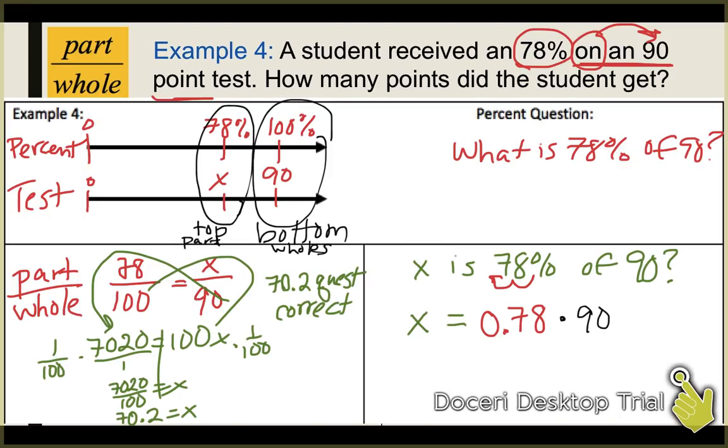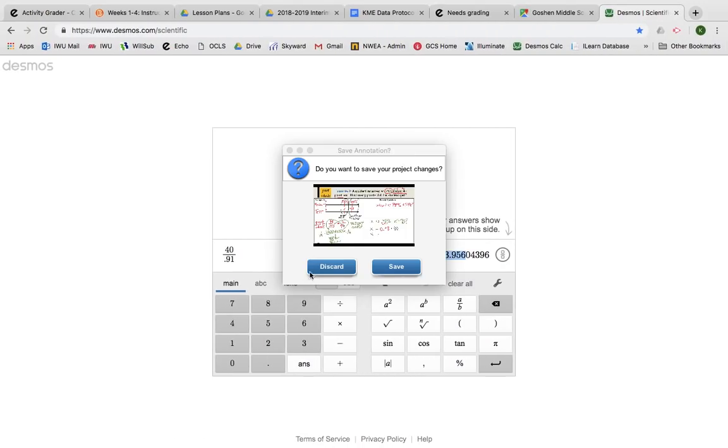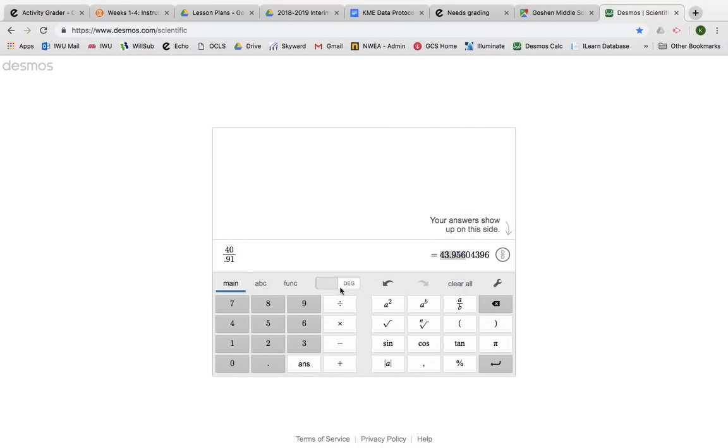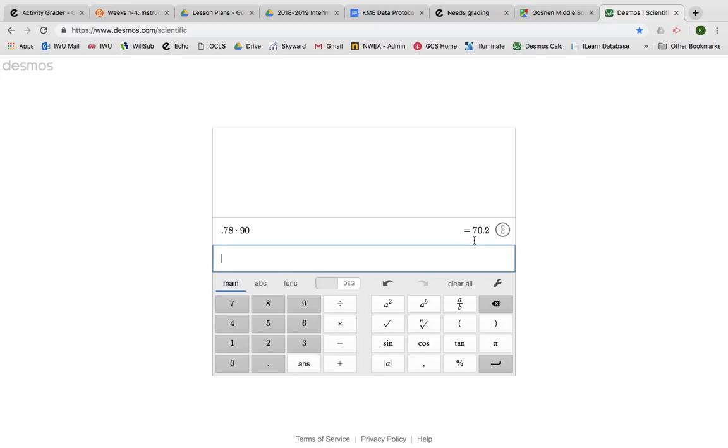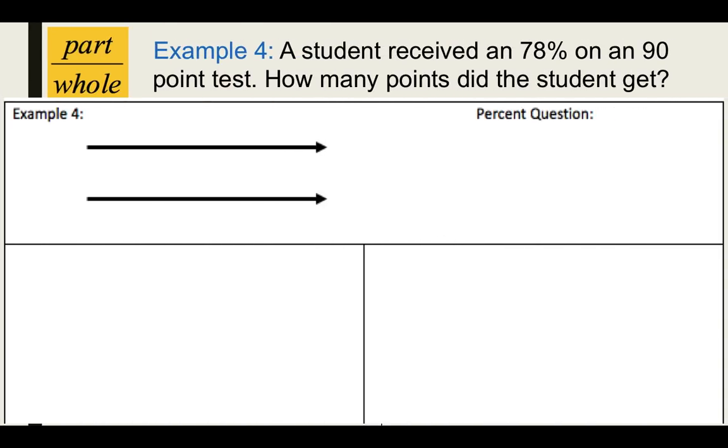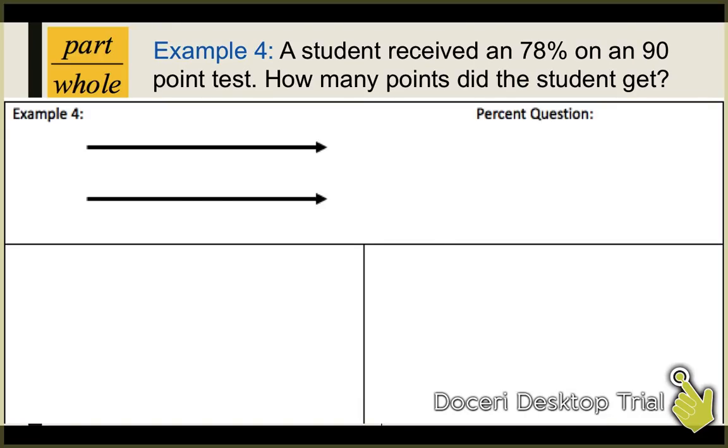And now I'm going to put this into my calculator. I'm going to say 0.78 times 90. Right? And my answer is 70.2. So my answer here is 70.2 questions correct.